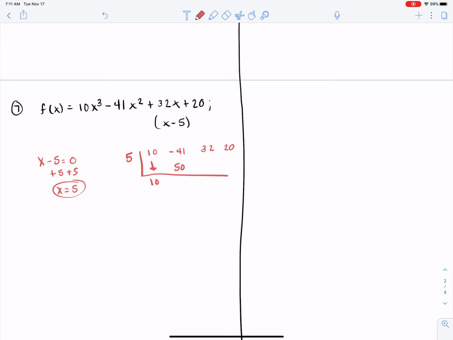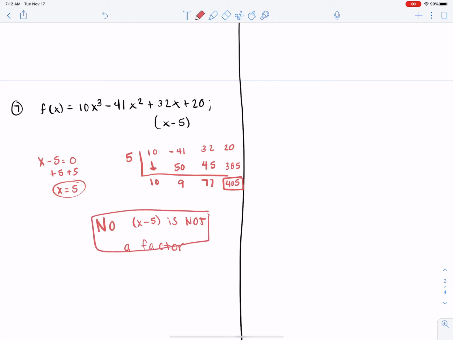Negative 41 plus 50 is 9. 9 times 5 is 45. 32 plus 45 is 77. 77 times 5 is 385. Add that to 20, you get 405. I have a remainder of 405. So no, x minus 5 is not a factor. And that's it.